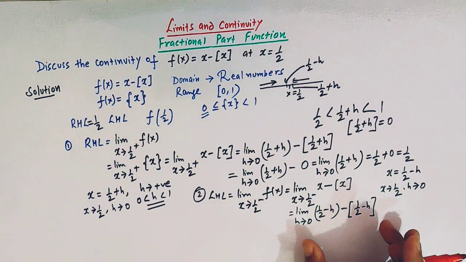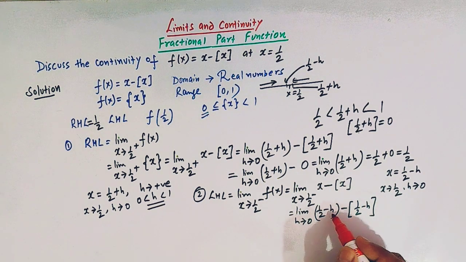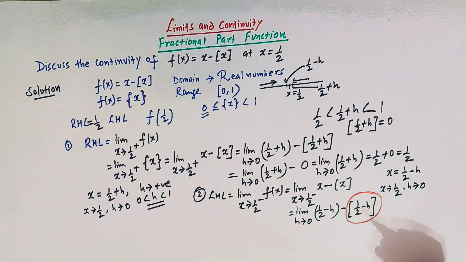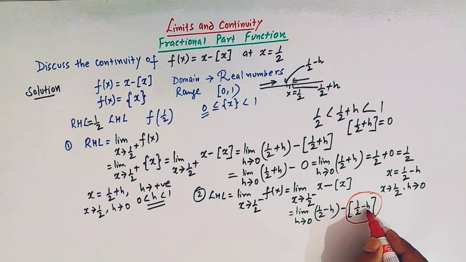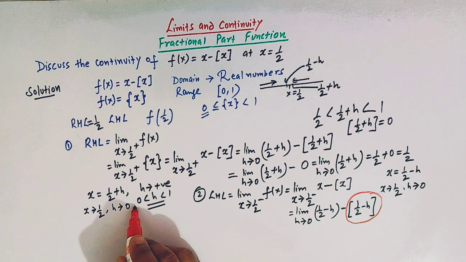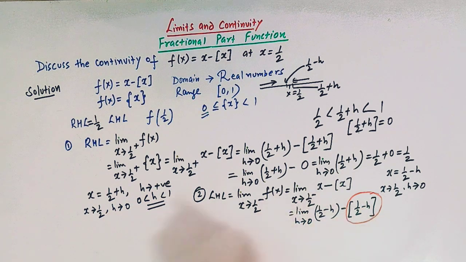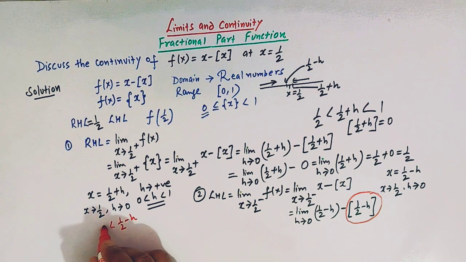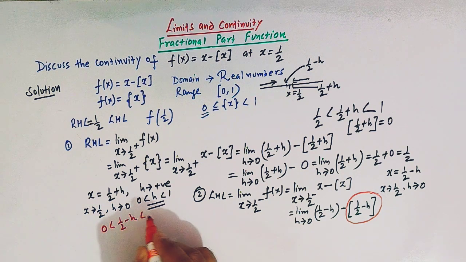Now we have to evaluate this limit. Here we cannot directly substitute h equal to 0. First we'll find the value of the greatest integer of half minus h. Now see, h is a positive quantity between 0 and 1, but h is infinitesimally small. So half minus h is greater than 0, but less than 1.